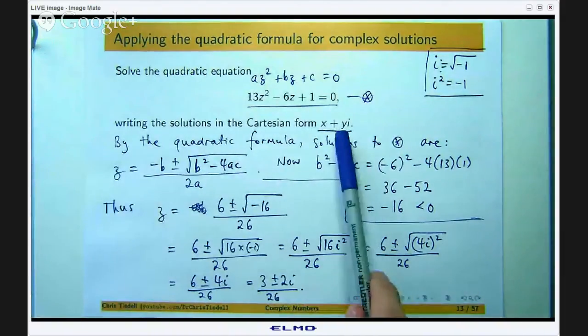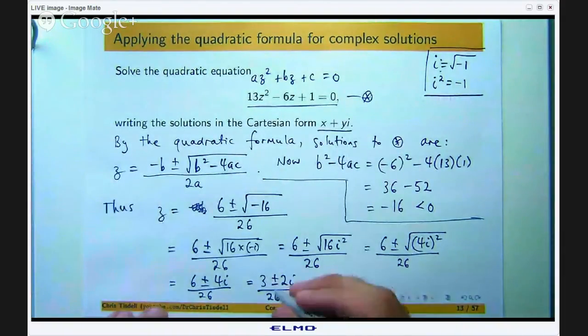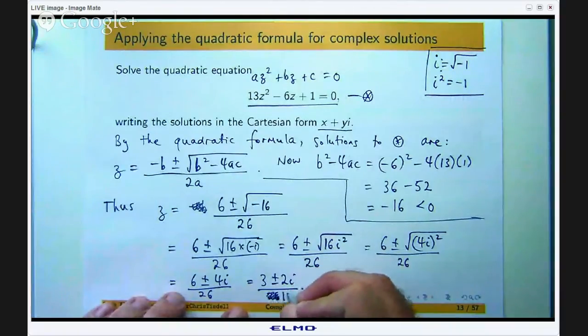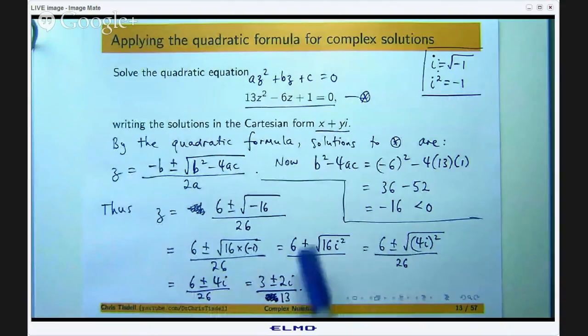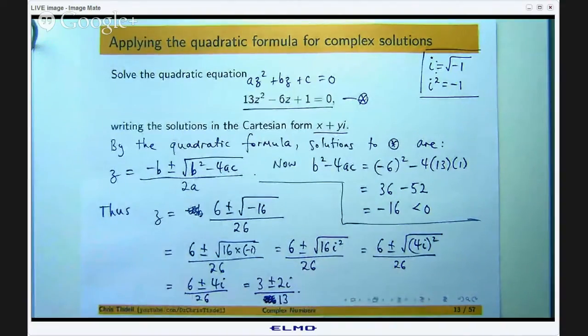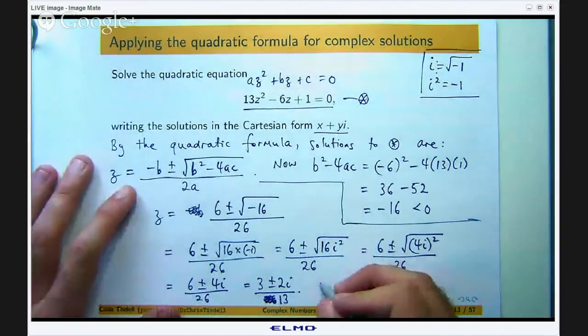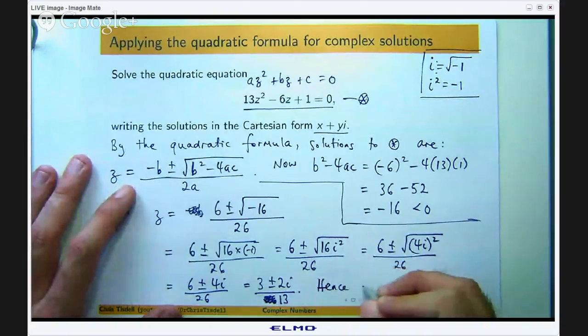Now it's not quite in the Cartesian form yet. Sorry, that should be a 13 there. Let me fix that up. Okay. All right, so it's not quite in the Cartesian form, so I can split that 13 into both parts. So let's just write the conclusion down.